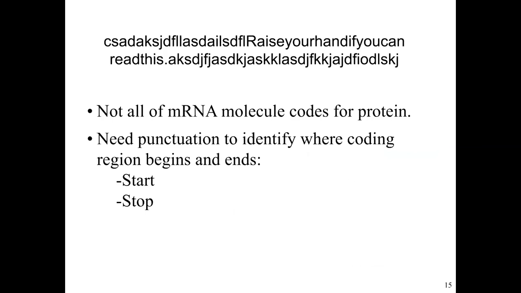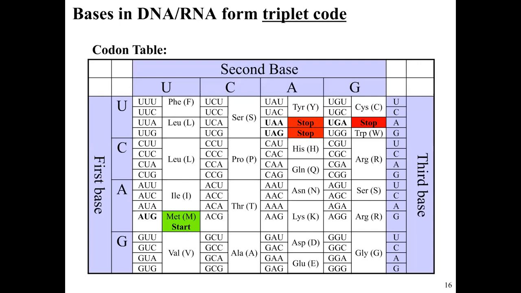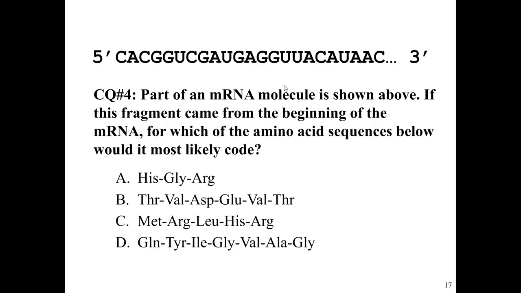So we need to find our start and our stop codons. AUG is our start codon, and we have 3 options for stop codons. So going back, we need to find the AUG. AUG is right here. That's going to give us our methionine to start things off. C is the only choice that has methionine in it, or starts with methionine.